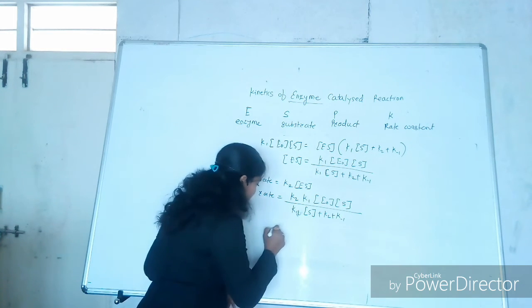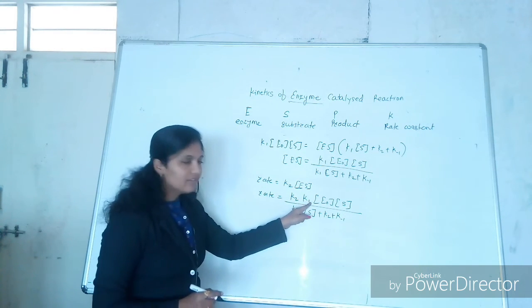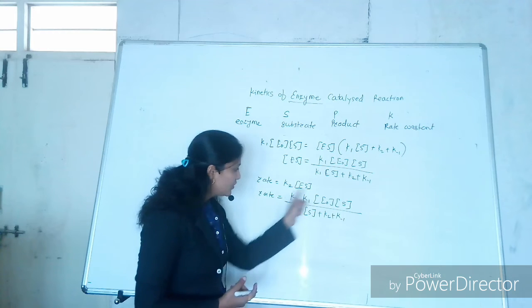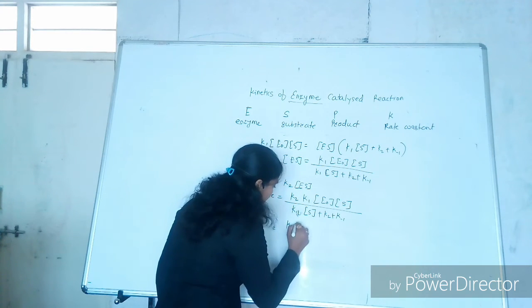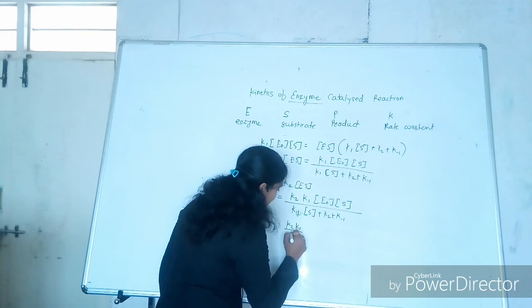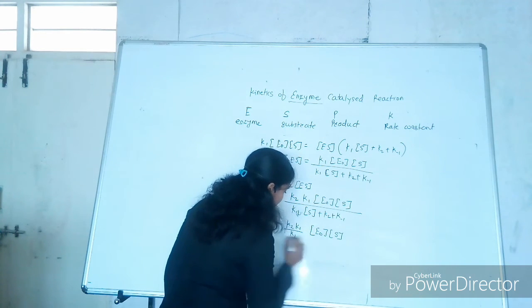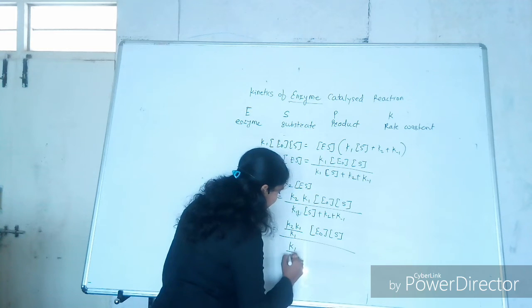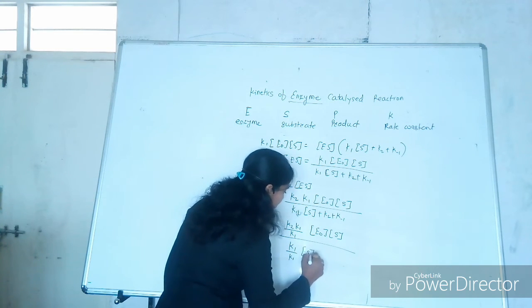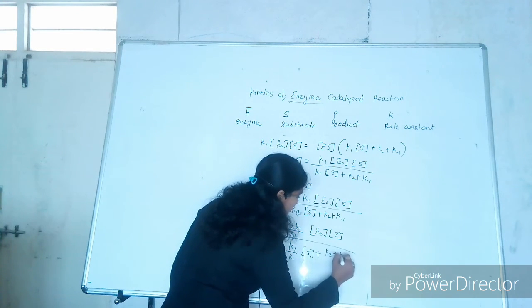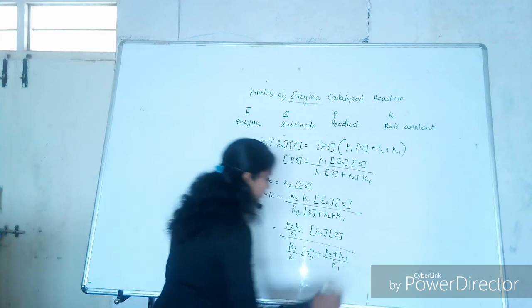So we can divide both by the term K1. So we will get K2 into K1 upon K1 into E0 into S divided by K1 upon K1 into S plus K2 plus K minus 1 upon K1.